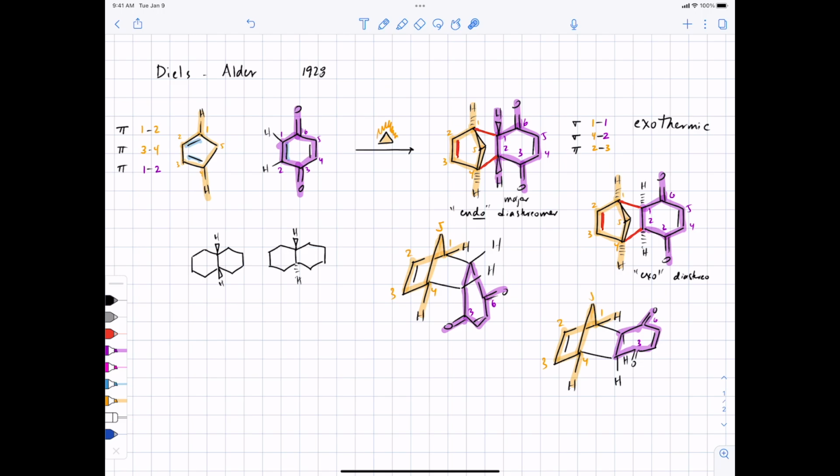Outside of this endo versus exo context, with all the other reactions, are both stereoisomers viable? I think your question is, on a test, do I need to draw both stereoisomers? And the answer is no, because you don't need to draw anything on a multiple choice test.